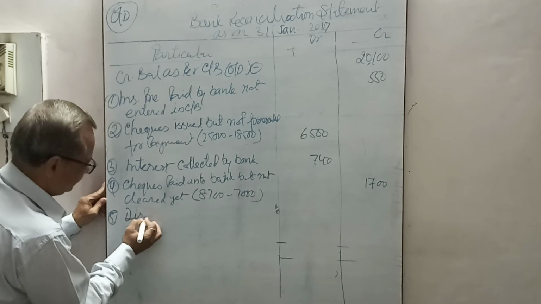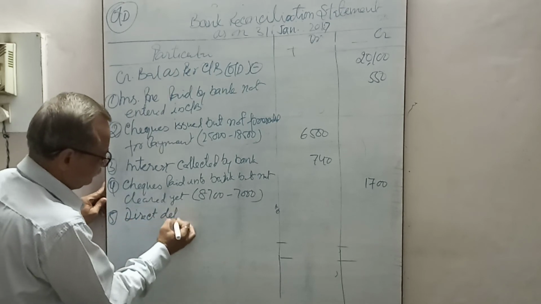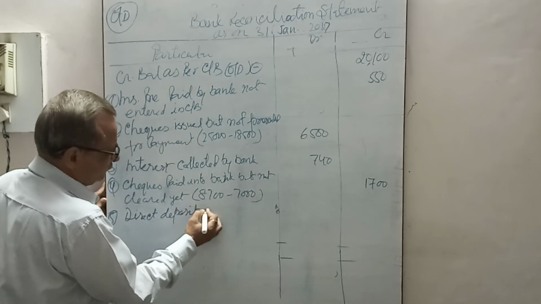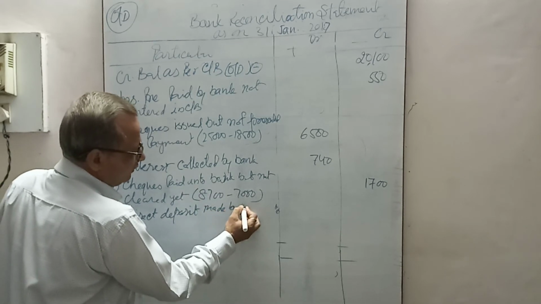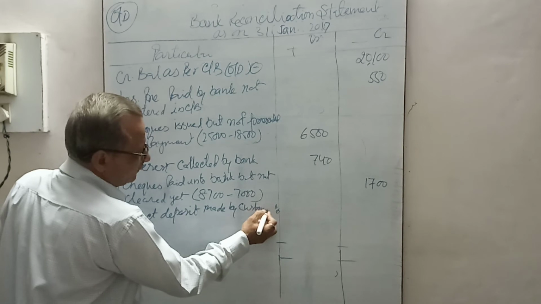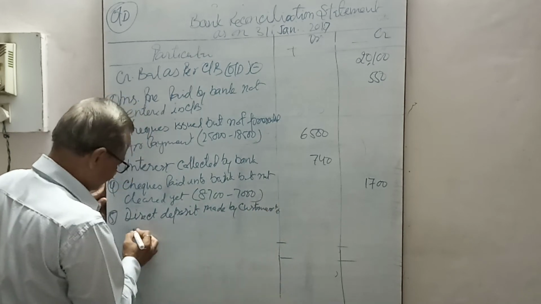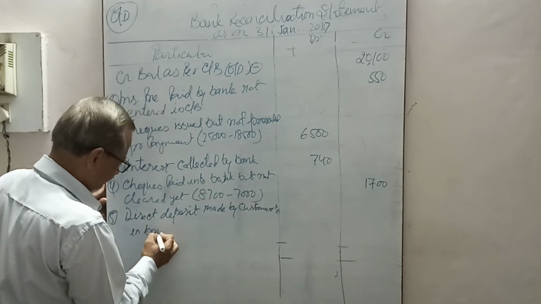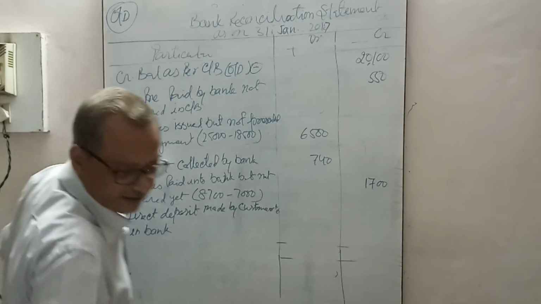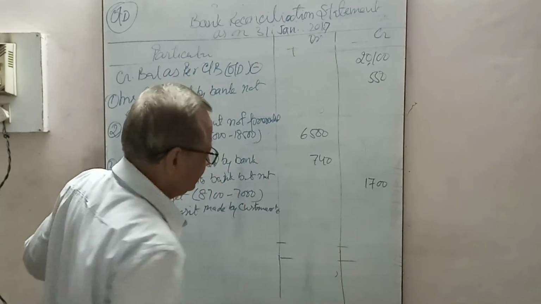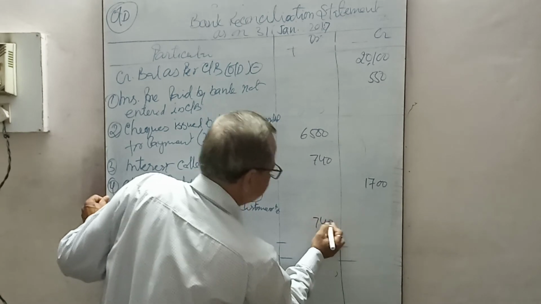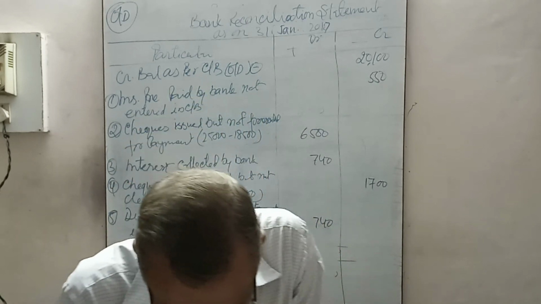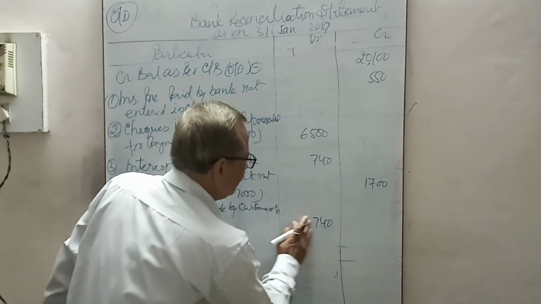Direct deposit made by customer in bank. That is 740 rupees, plus item. Is it 740? No, 620.